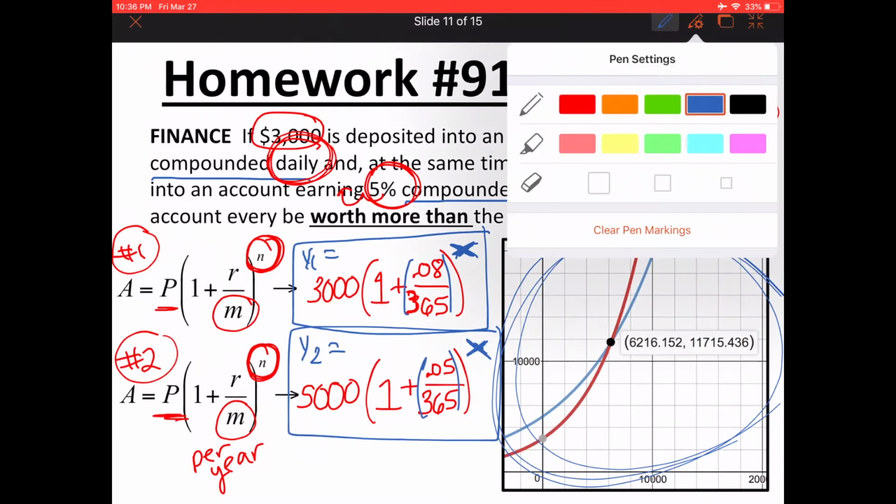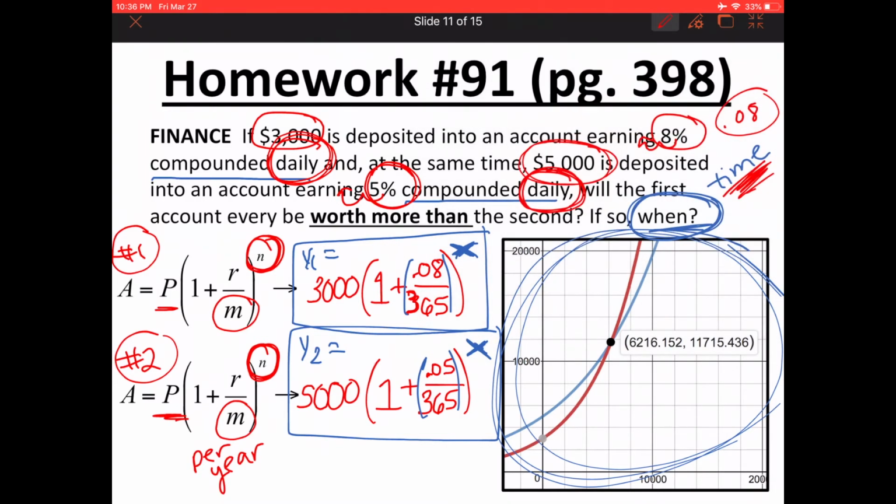Now it's very important to be able to identify which curve goes with which equation. And notice, this curve starts lower. So this is the curve that's starting at $3,000. This is the curve that's starting at $5,000 because it's starting higher.